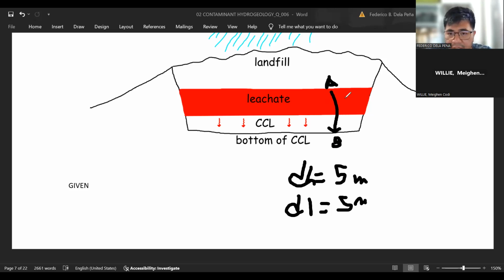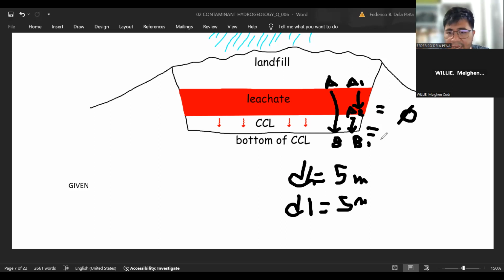So therefore, you can actually split this into A1, A2, and then B1. So for this segment, the travel time is actually almost zero. It's negligible. While this part is a very, very long travel time.